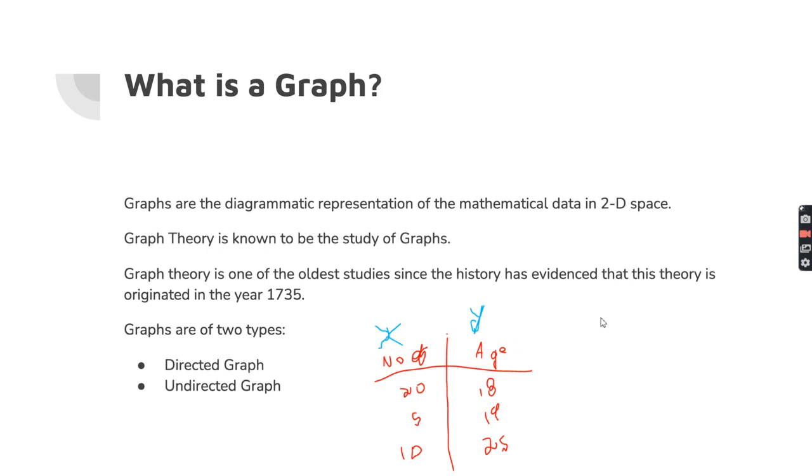So we can plot a graph where this is 5 and 19.